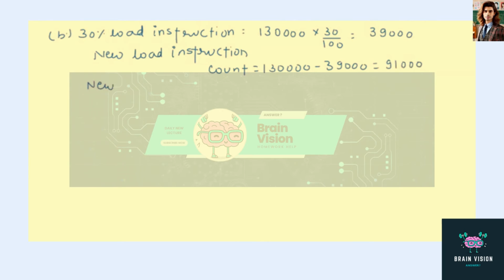Then I have to find the ALU instruction count as well. So the ALU instruction count comes out to be 1,12,500 minus 39,000, which is 73,500.